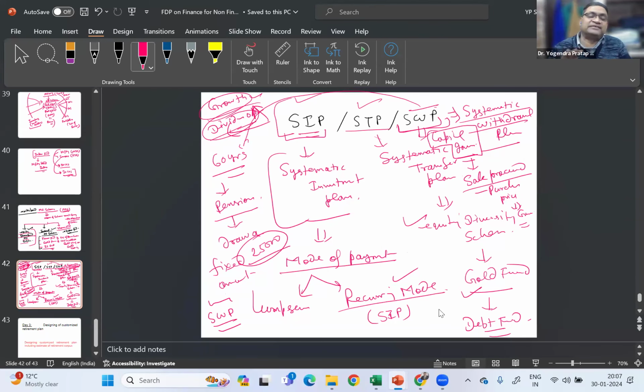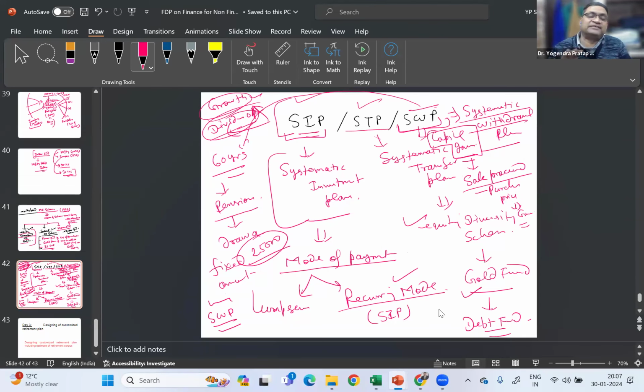Yes, sir. Now just left click and slightly move it to the left-hand side, and then you will get the mutual fund option.